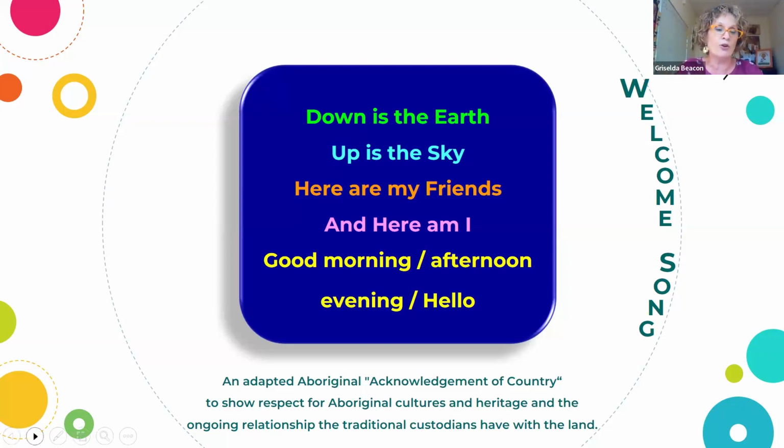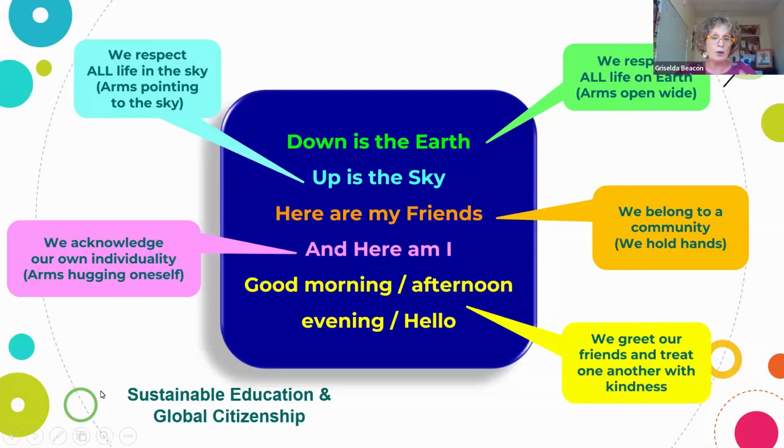And if we look at the song, what we explain, and we work with kids, is that when we say down is the earth, we respect all life on earth. And so we open our arms wide to respect our land. When we say up is the sky, we respect all life in the sky. So that's why we raise our hands.